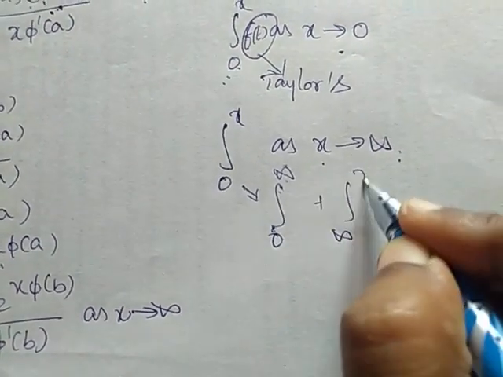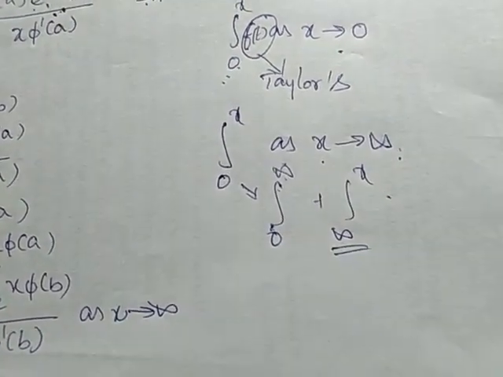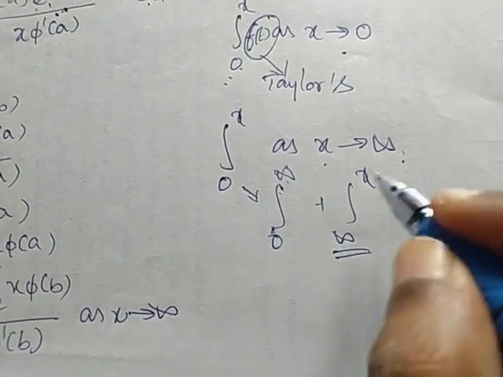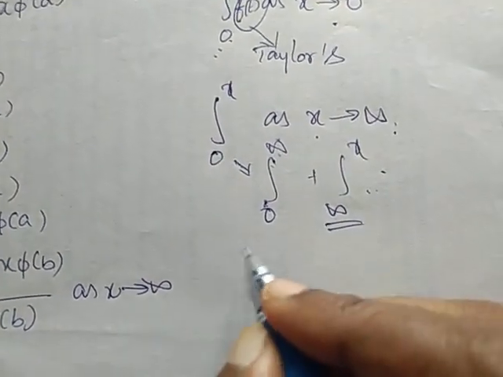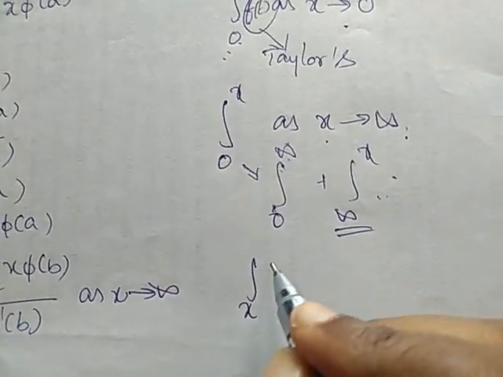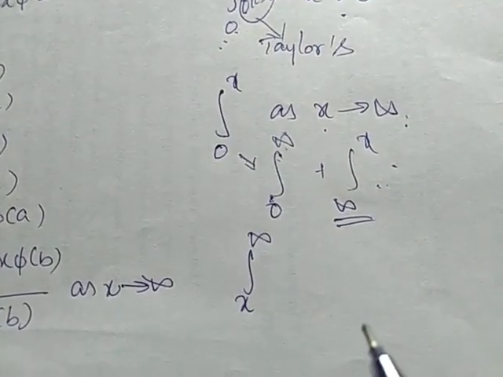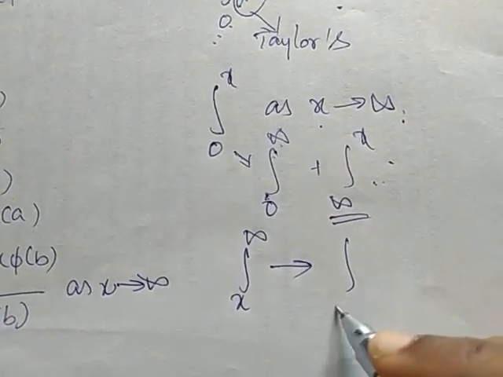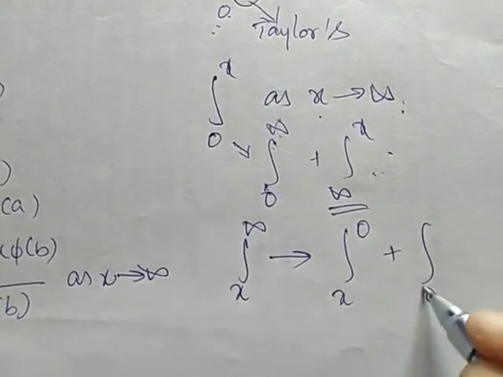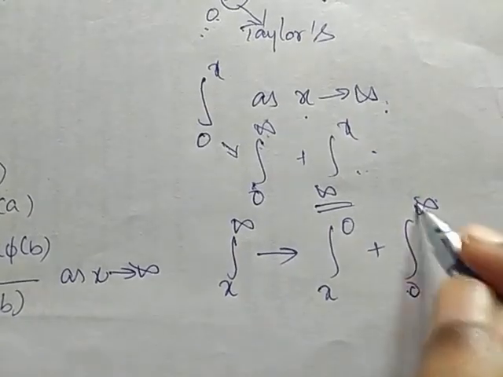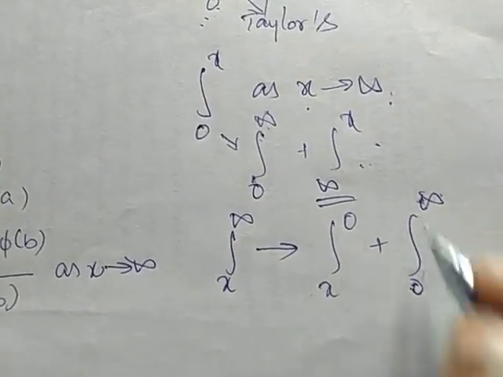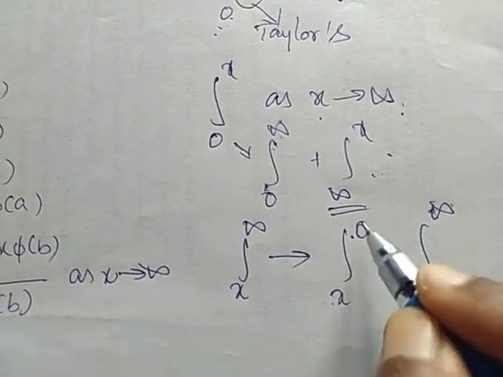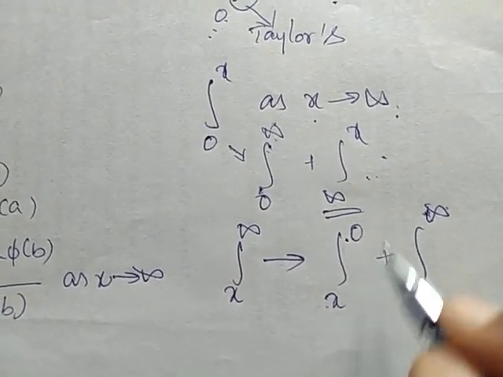Here you can simplify by integration by parts or using Taylor series expansion, depending on the problem. Suppose we have integration between x to infinity, then you can split this as integration between x to 0 plus 0 to infinity. Again, for the integral from 0 to infinity, we will get a gamma function. This we have to solve. This we will write as minus of 0 to x and we can integrate it.